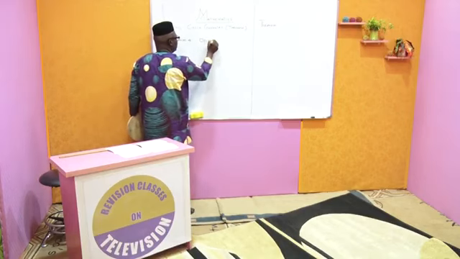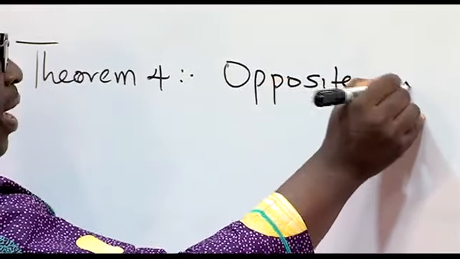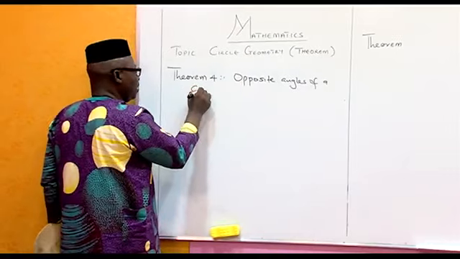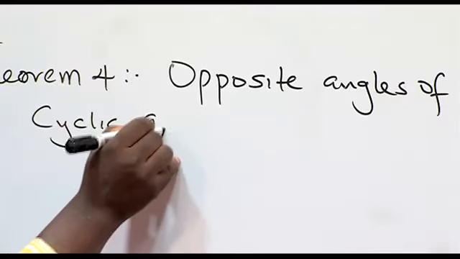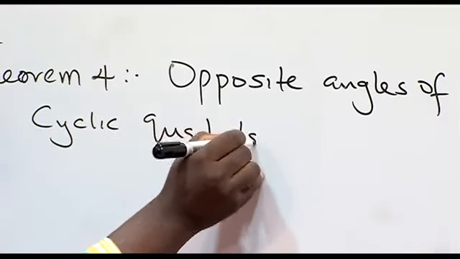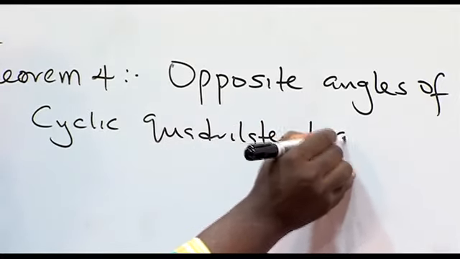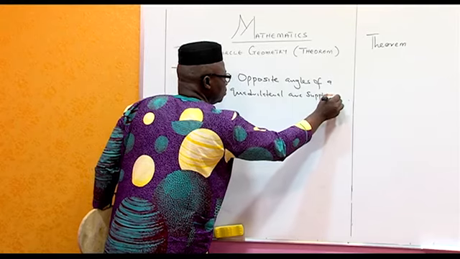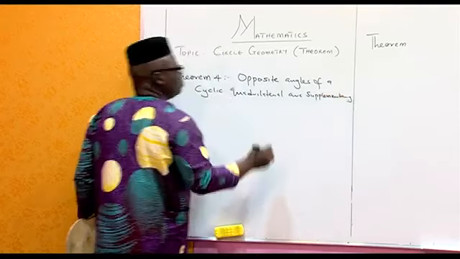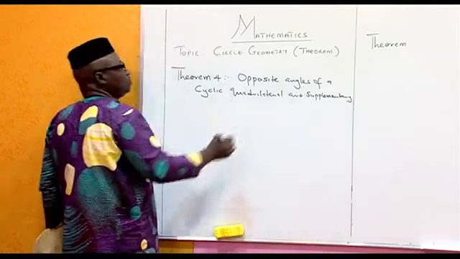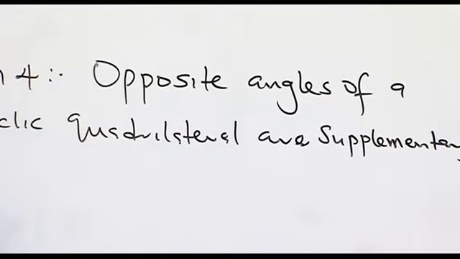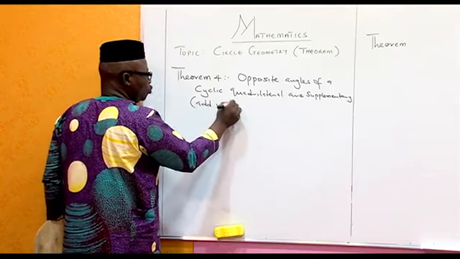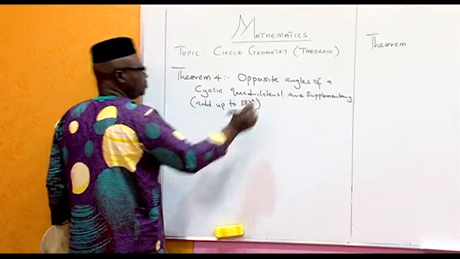Opposite angles of a cyclic quadrilateral are supplementary. Being supplementary means add up to 180.